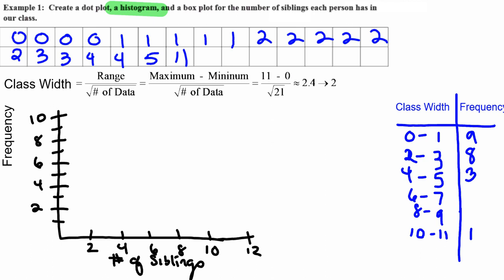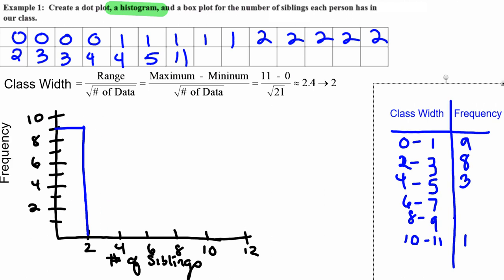So what we're going to do now is start making those bars for each interval or each width that we have. So the first one has 9 from 0 to 1, or 0 and 1. So from 0 and 1s, that's this section here. I can put my pencil up, draw in my bar. That's my first bin for my graph. Then I'm going to do the same thing for the next one. 2 and 3 siblings, that's this section here.